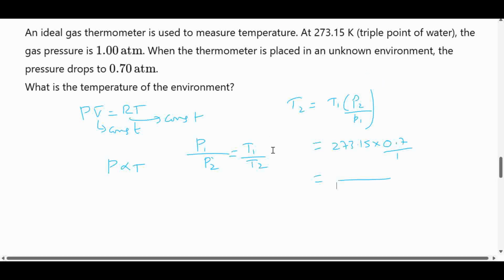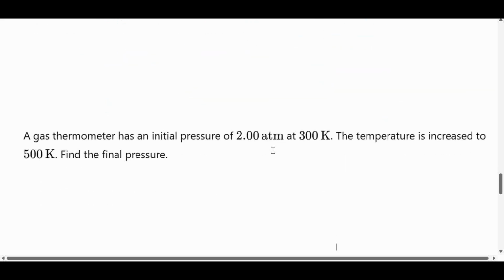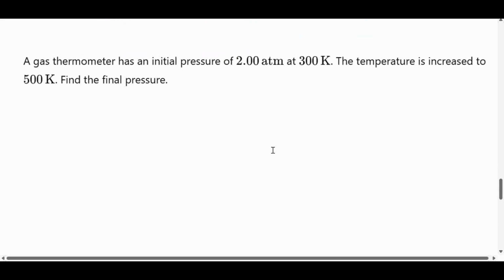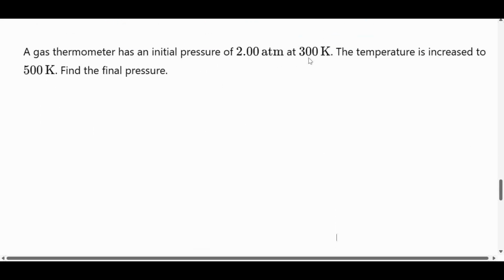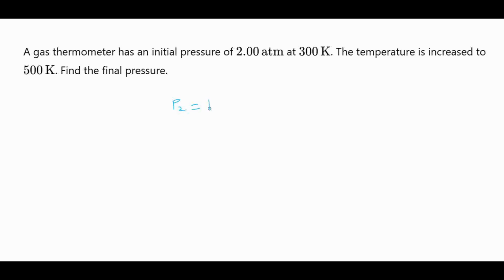Now let's look at another problem. A gas thermometer has an initial pressure of 2 atmosphere at 300 Kelvin. The temperature is increased to 500 Kelvin. Find the final pressure, same as we did before. P2 by P1 is equal to T2 by T1.